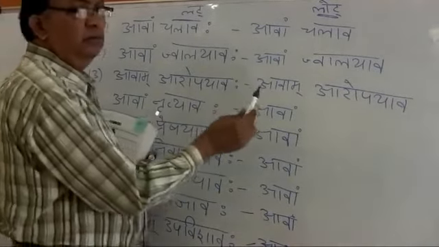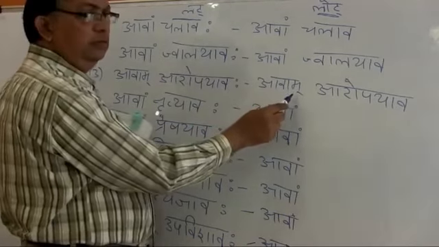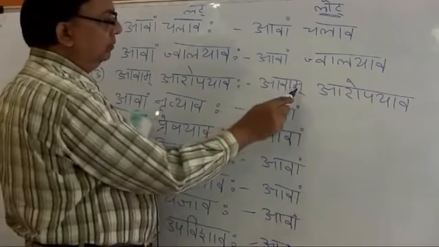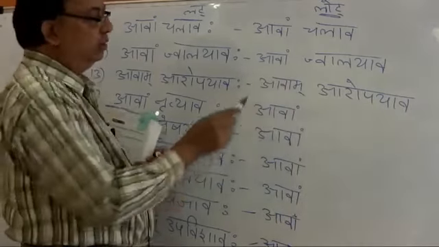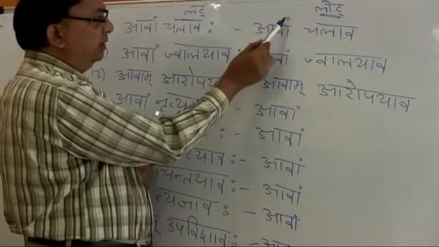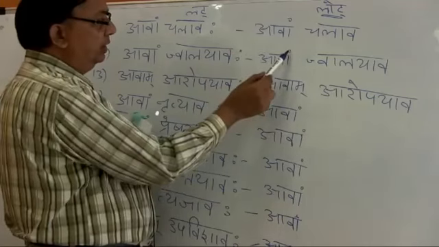Now here, listeners and viewers, please watch. Whenever the ma sound is followed by a vowel, the ma is not made anuswara, like in the above two sentences. See, in avam I have nasalized it, put an anuswara here. Here also a dot is put.